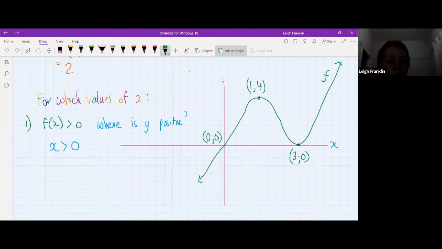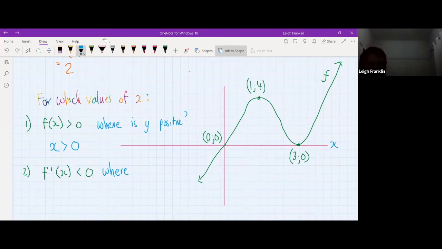Now, if I ask you question number 2, for which values of x is f prime x smaller than 0? What does that mean in simple terms?